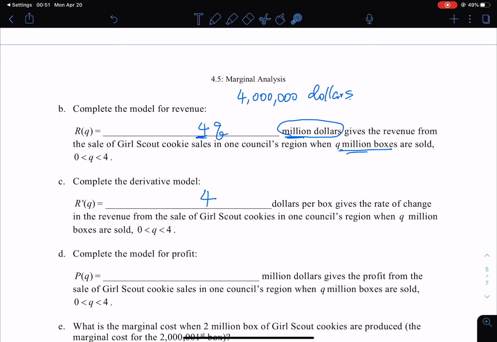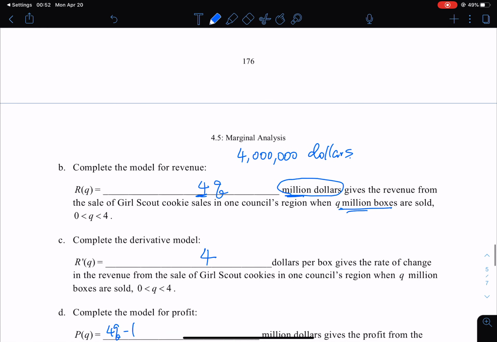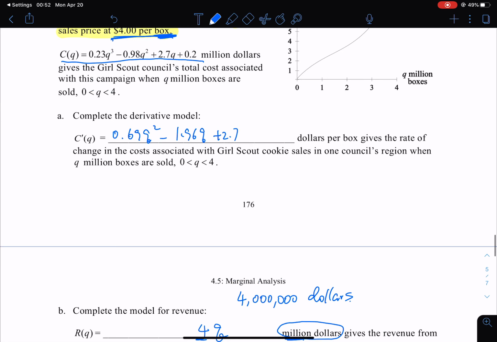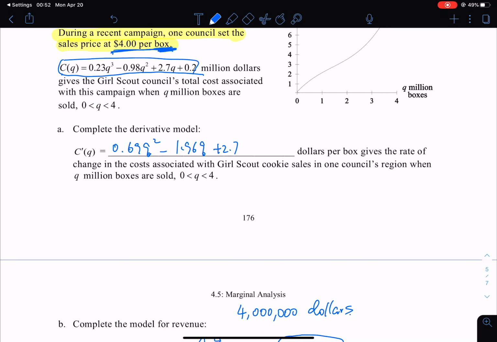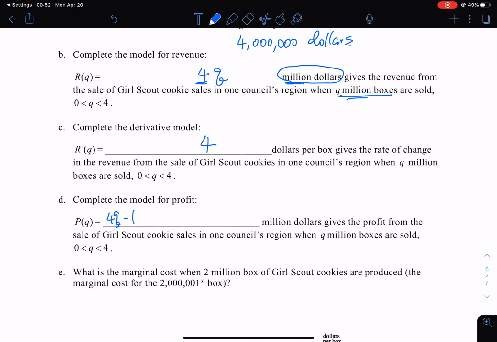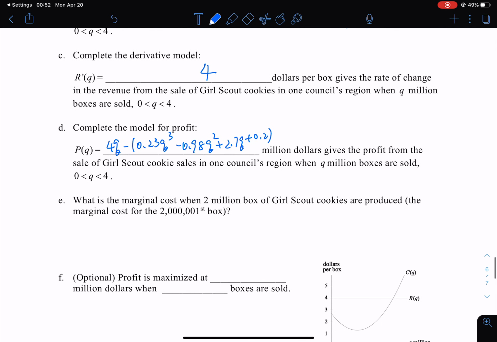We know the profit is the revenue minus the cost, and the revenue from B is for Q. The cost is right here. So just minus the C of Q, which is 0.23Q minus 0.98Q squared plus 2.7Q plus 0.2 million dollars.